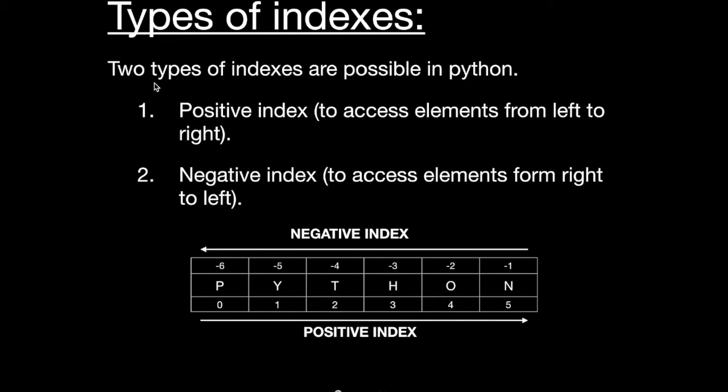There are two types of indexes in Python. In other languages like C, C++ and Java, there is only one index, that is a positive index. In Python, we have two types of indexes. One is the positive index to access elements from left to right, and another is the negative index, which is used to access elements from right to left.